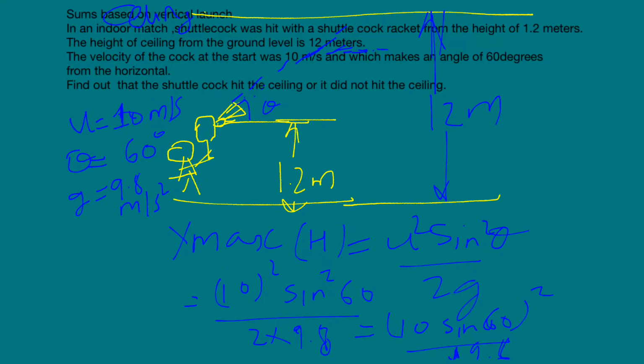So we will solve this whole thing. Here we can write 10 into sine 60, which is 0.87 on my calculator, so 10 into 0.87, divided by 19.6, and this is whole square.